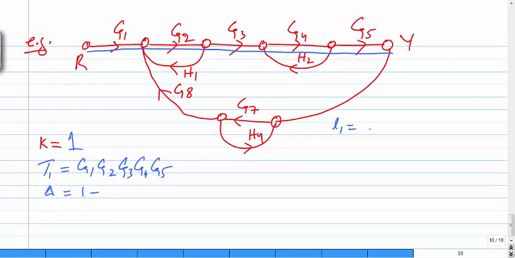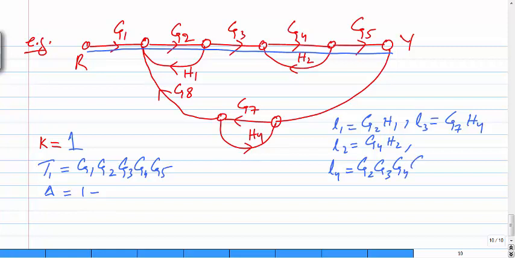Loop 1 is G2 H1, loop 2 is G4 H2, and then we have loop 3, that is G7 H4, then there's loop 4, that is G2 G3 G4 G5, and this is missing G6, right?